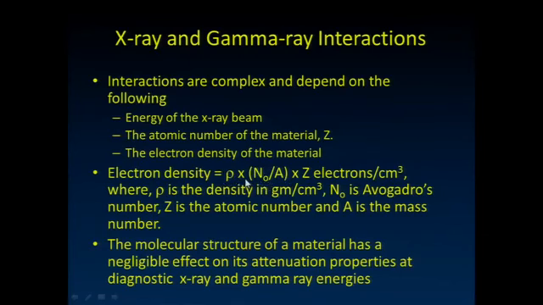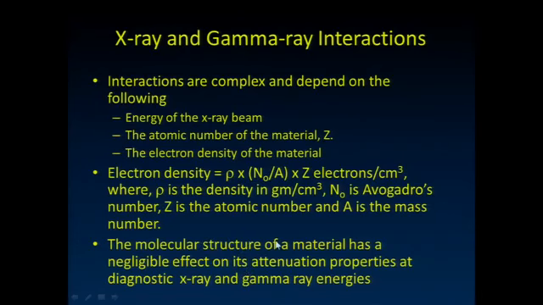You've canceled out the grams there. So you've got the number of atoms per mole when you make this multiplication. And then if I multiply by Z, well, that's the number of protons, but it's also the number of electrons in the neutral atom. So I have the number of electrons times the number of atoms per cubic centimeter. So this is the density of the electrons.